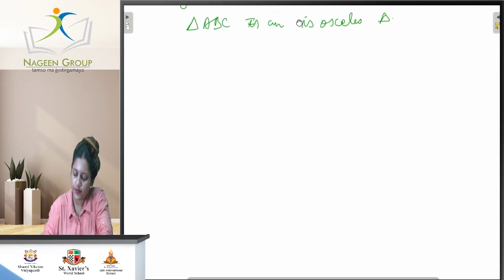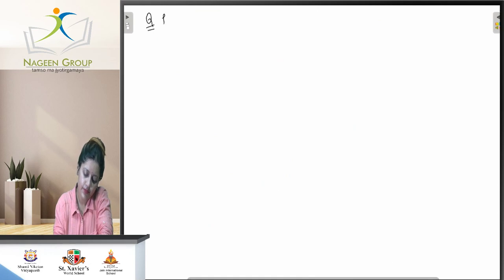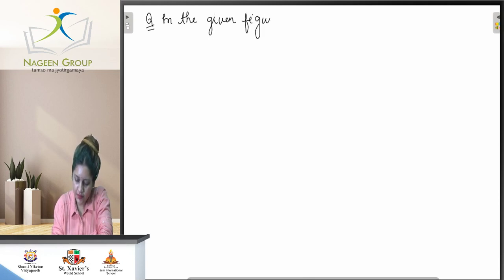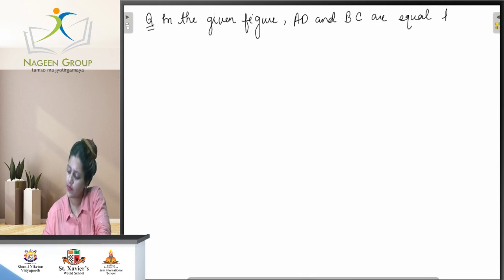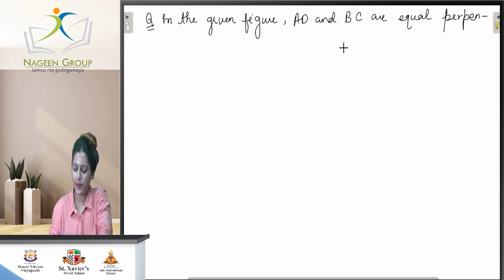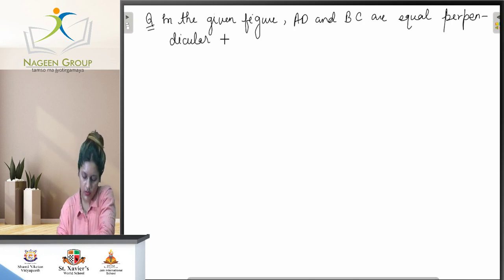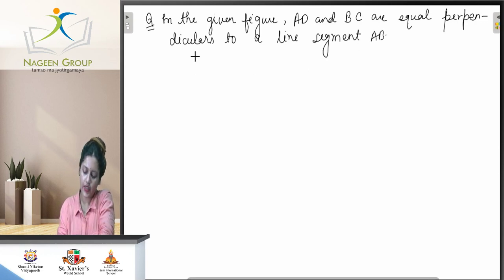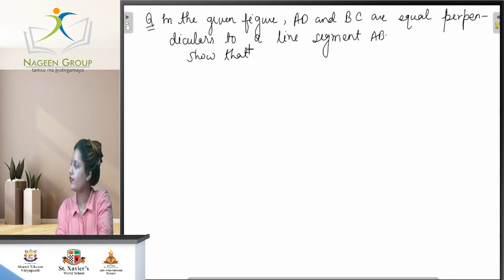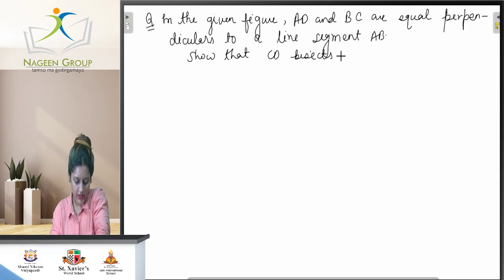So the next question shows, like in the given figure, AD and BC are equal perpendiculars to the line segment AB, so that means you have to prove that CD bisects AB.